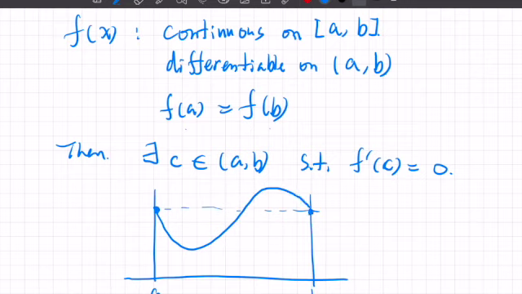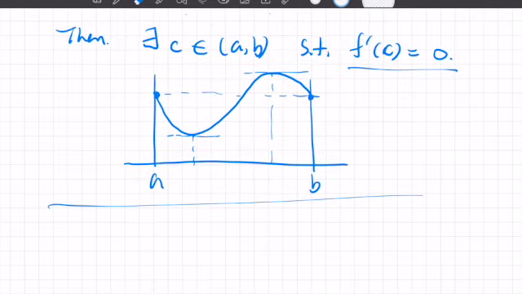So in this particular case, there are 2 points where the derivative is 0, this point and this point. So there may be 1 point, 3 points, many points, but at least there is 1 point such that the derivative is 0.